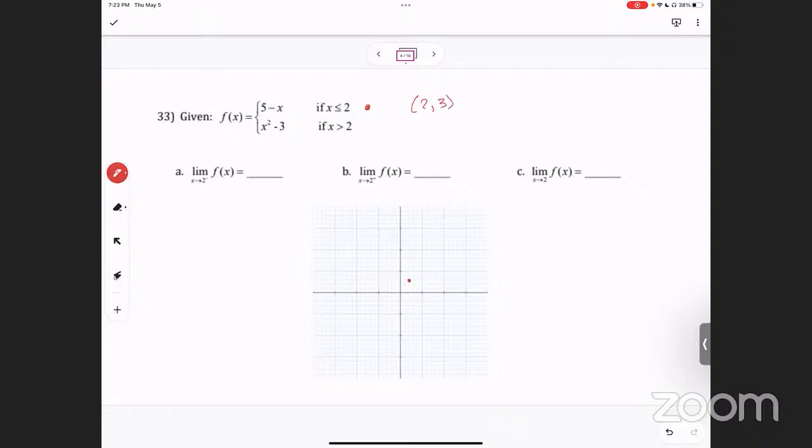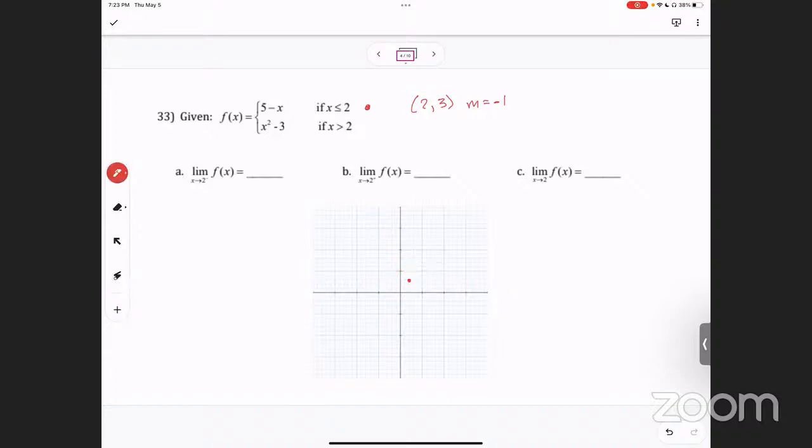And then notice this is going to the left. And what's the slope? Negative. It's negative sloping, so I'm going to go up. I could go up 1 and to the left 1, or I can go up 3 and to the left 3. It's basically a slope of 1.